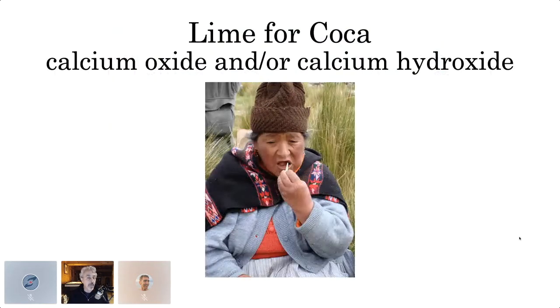Now, here you have Dona Lucy. What she has done is put a quid of coca in her mouth. She chewed it a little bit to get it soft, tucked it into her cheek. She has taken this slip of wood, stuck it into a gourd of lime. Now she's puncturing that. This will help to tease out the maximum amount of alkaloids.